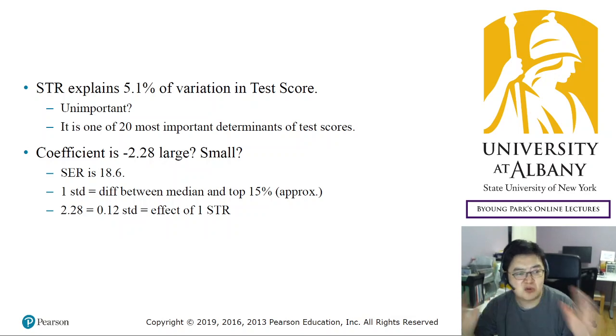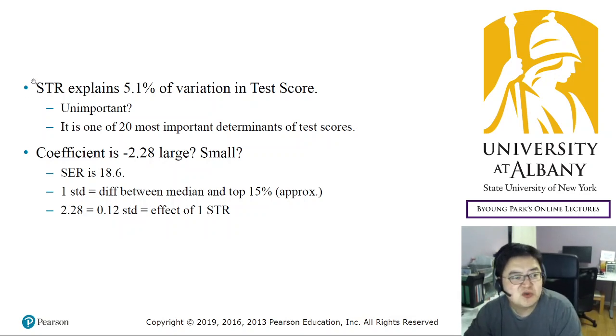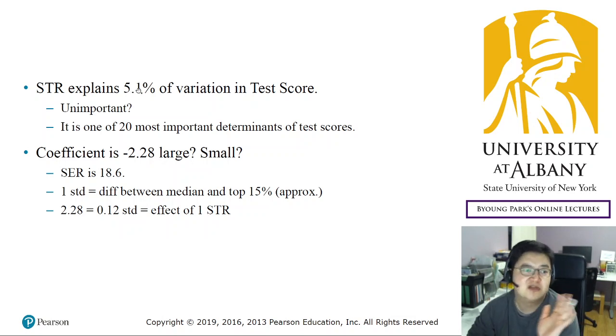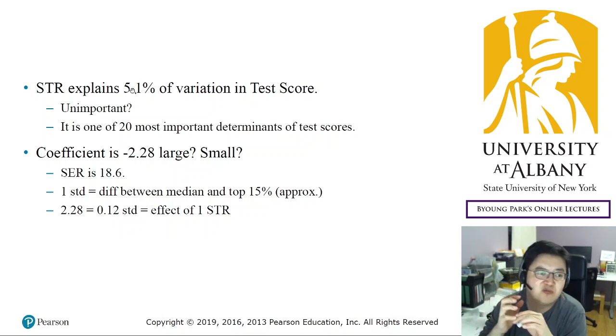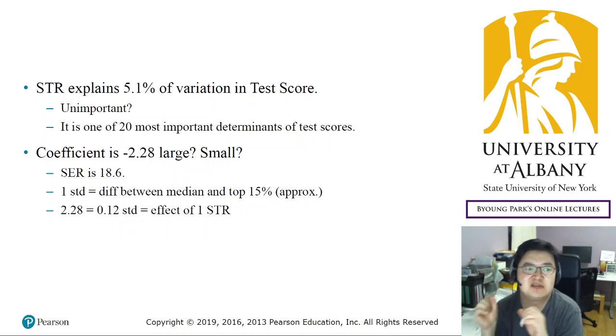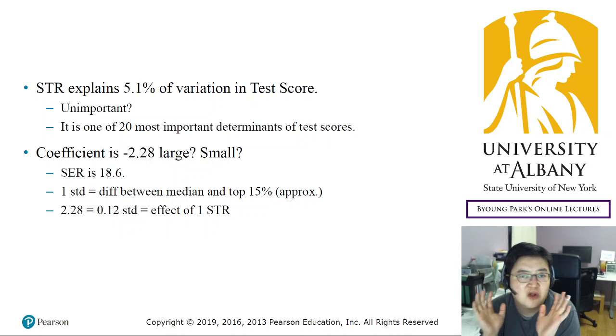So among those, student-teacher ratio explained 5%. I think it's significant, so you cannot look down on it. Without including all the other variables, student-teacher ratio alone explained 1/20 of the test score. I think it's good. You cannot expect more than that from one variable.